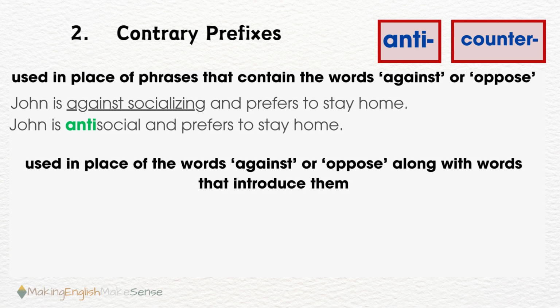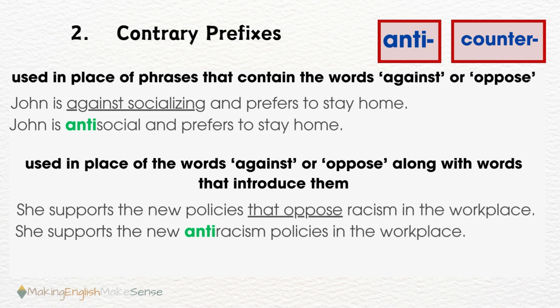But they can also be used in place of the specific words against or oppose, along with other words that introduce them. For example, the sentence, she supports the new policies that oppose racism in the workplace, can be shortened to, she supports the new anti-racism policies in the workplace.